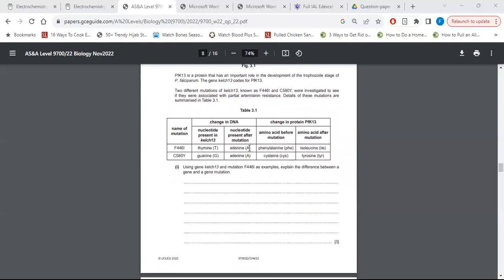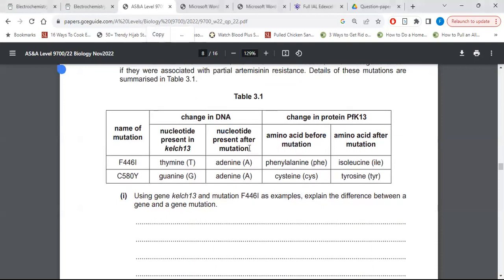And then if you want, you can add a little bit of information over here. When you're giving the definition, you can write down that a gene codes for the production of a polypeptide or a protein. An example of that is Kelch13, right?